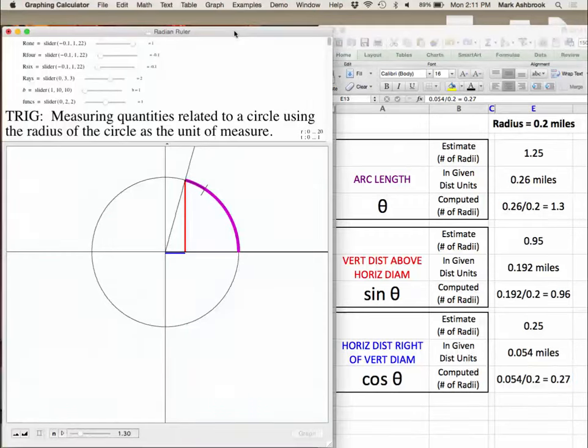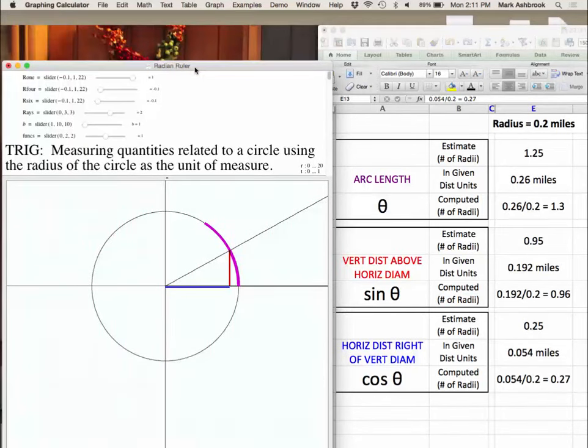Change it up. Okay, and I'll write this out here. So I want you to estimate theta, sine theta, and cosine theta.